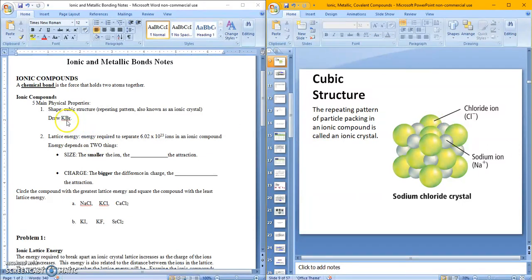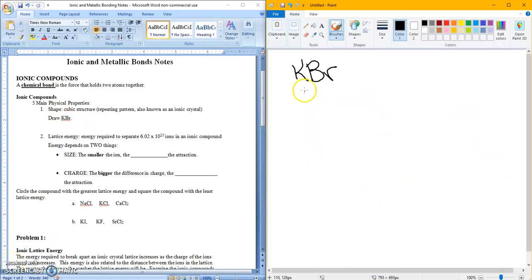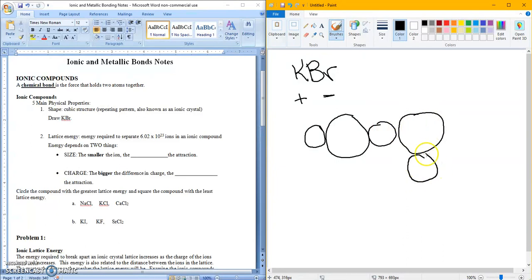Okay? So if I wanted to draw KBr, potassium bromide, first thing I need to do is identify the cation and the anion. Since potassium is the metal, I know that this guy is going to be positive. And since bromine is a nonmetal, I know that he's going to be negative. All right? So every ionic compound has the same structure. You do positive, negative, positive, negative, positive, negative, positive, negative.